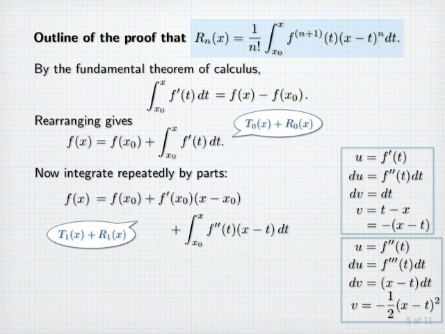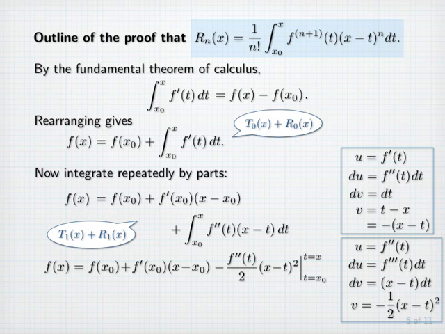So now we have the same first two terms as before, plus u times v, which is f double prime times minus 1/2 x minus t squared, evaluated between t equals x0 and x, minus the integral of v du, which is plus 1/2 of the integral from x0 to x of f triple prime of t times x minus t squared dt.